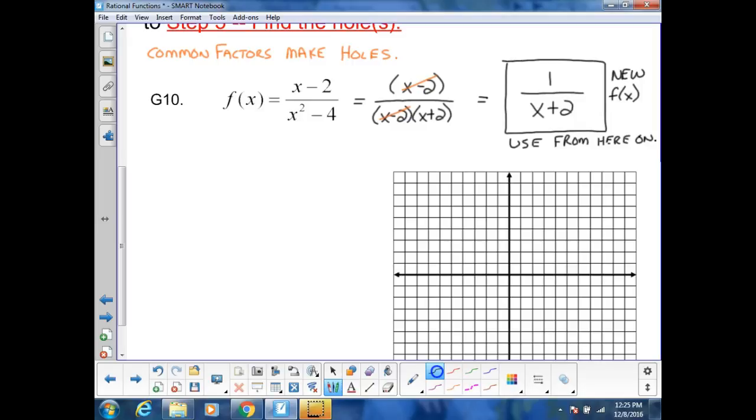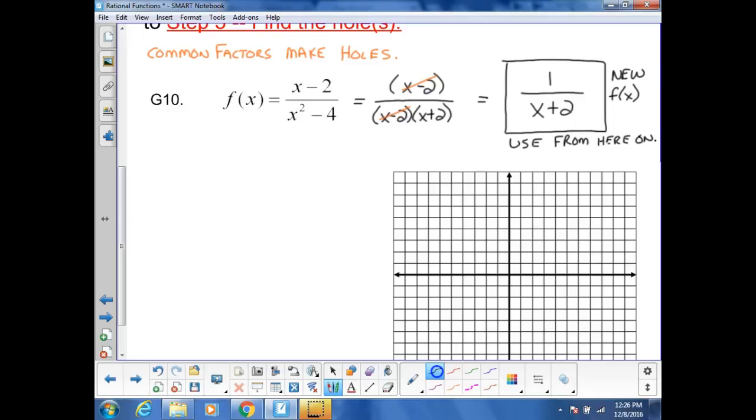I don't care about that other one at all. I'm caring about my new function. Why does factoring it make it more accurate? Couldn't you just plot the graph and find the holes that way?